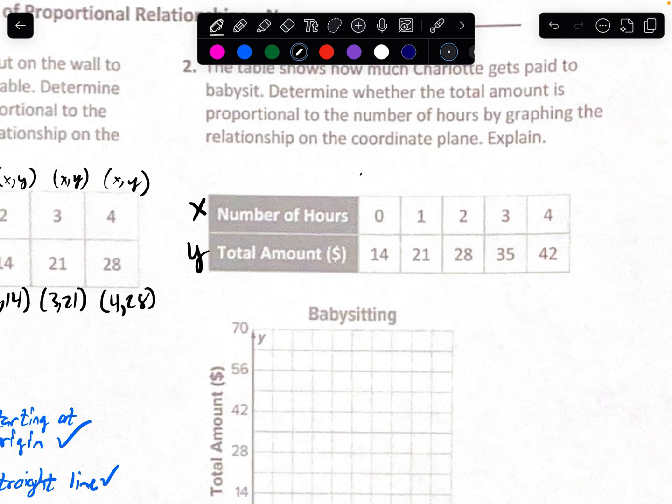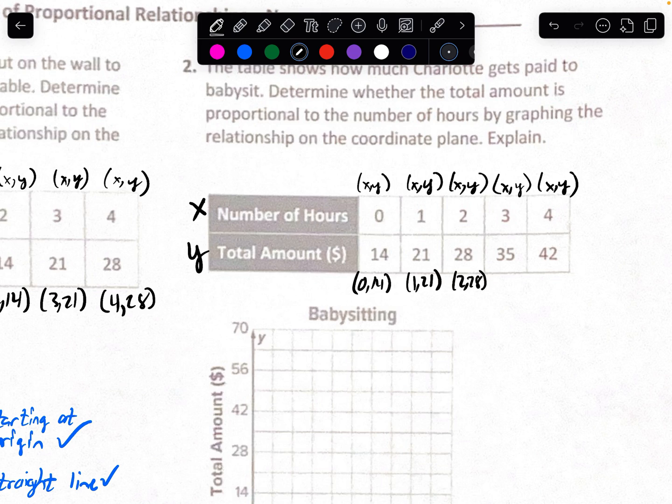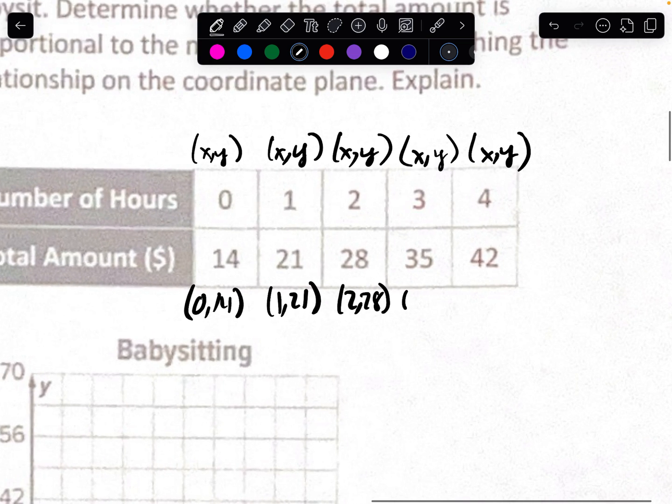Same thing, I want to set it up as x, y, and then I'm going to plot my points: 0, 14, 1, 21, 2, 28, 3, 35, and 4, 42.